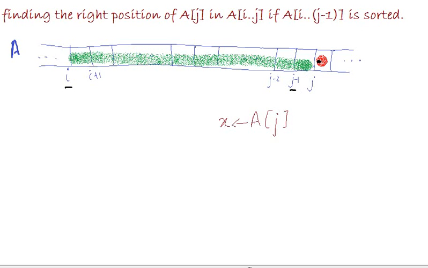And how do we use this x? We compare x with A[j-1] first. And if x is lesser, we again move left and compare it with A[j-2], and so on, if x goes on being found lesser.